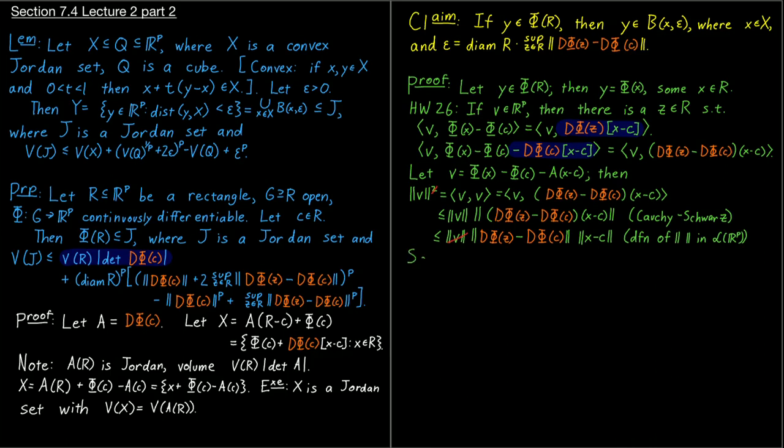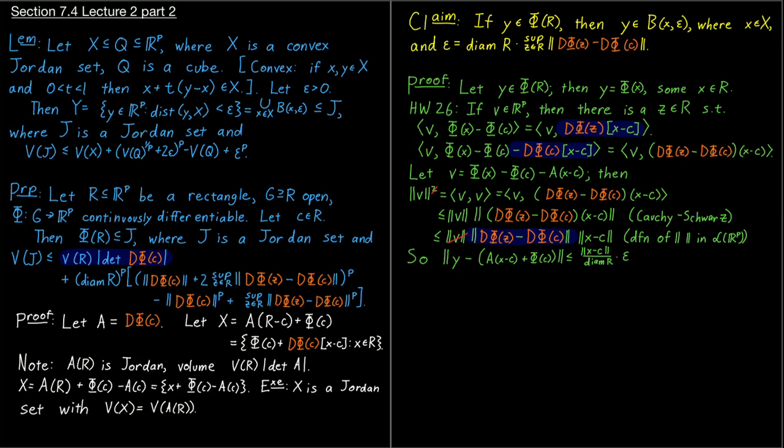and we conclude that the distance from phi of X to Y minus this whole thing, A of X minus C plus phi of C, is less than or equal to the norm of X minus C over the diameter of R, our rectangle R. And then I really do not want to write this quantity again, so I will notice that it's less than epsilon, where we've defined our epsilon above.